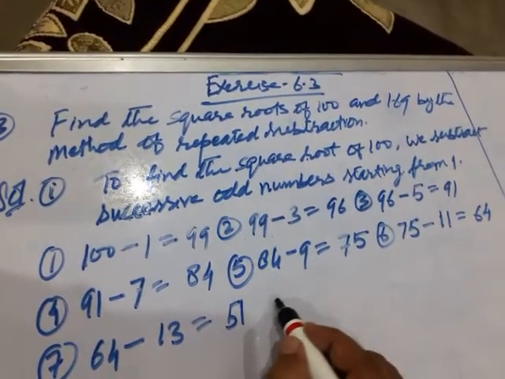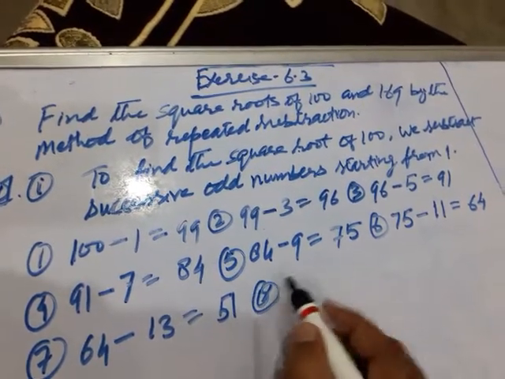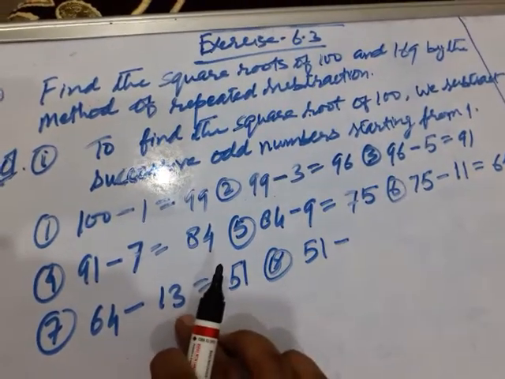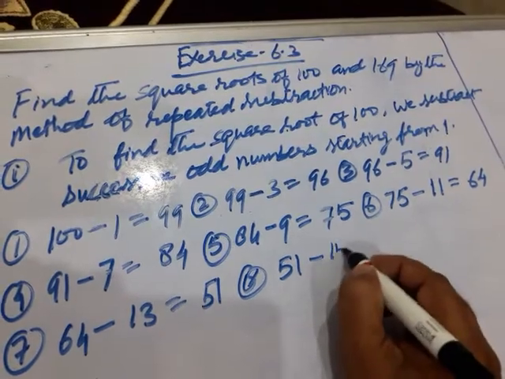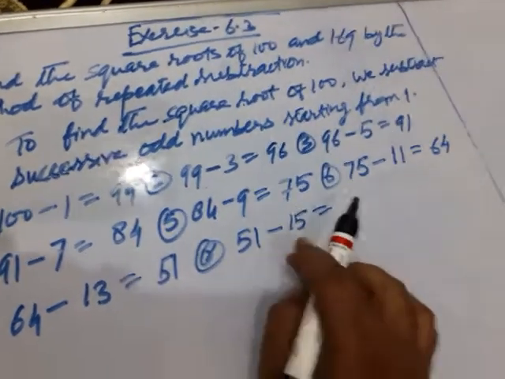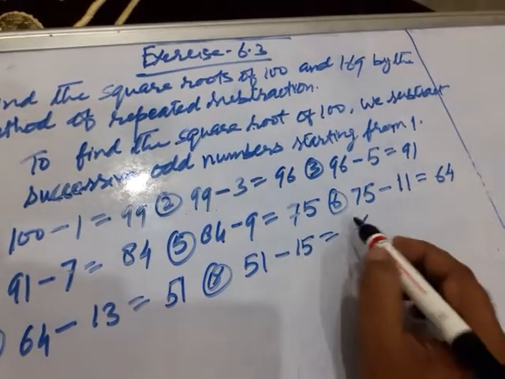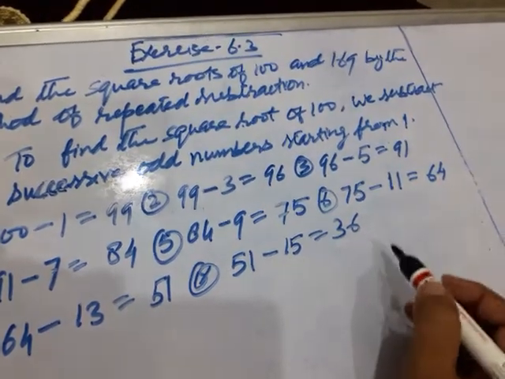Okay, children. Now the next step, the eighth step, is 51 minus the next odd number after 13, that is 15, which equals 36.